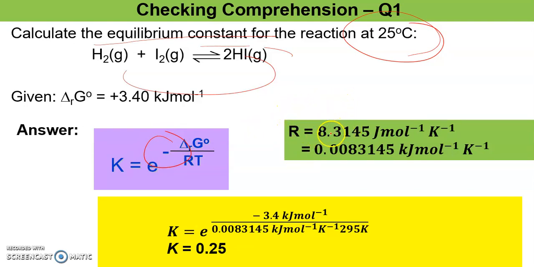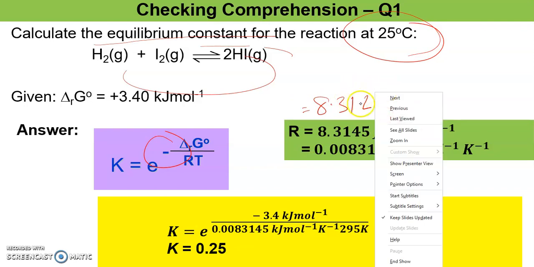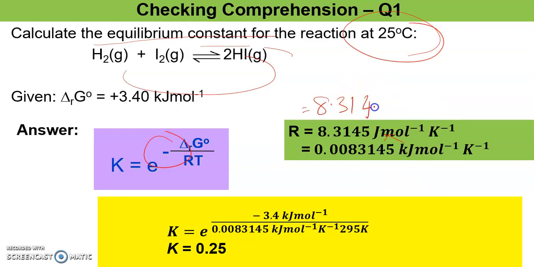We can calculate it as 8.3145 joule per mole per Kelvin, or we can rewrite it as 0.008345 kilojoule per mole per Kelvin, or also you can write it as 8.3145 times 10 to the power of -3 kilojoule. So it depends on you which one you want to write.